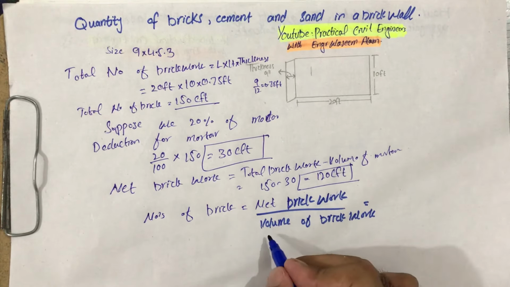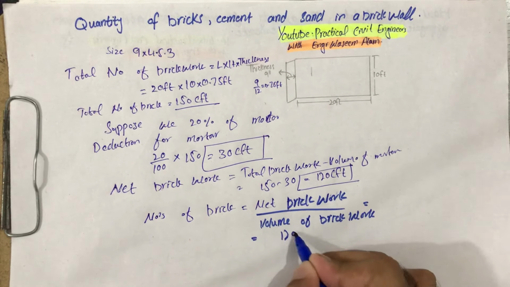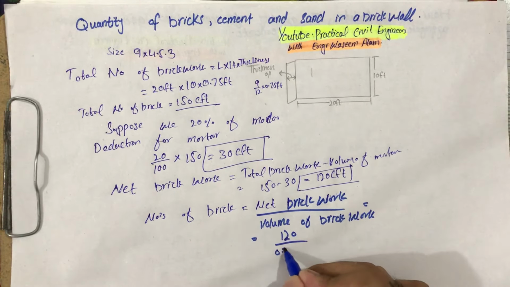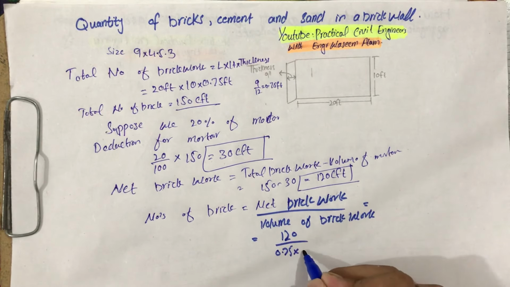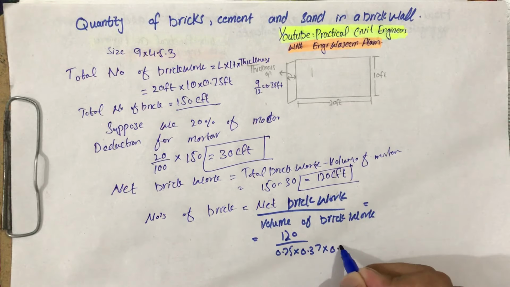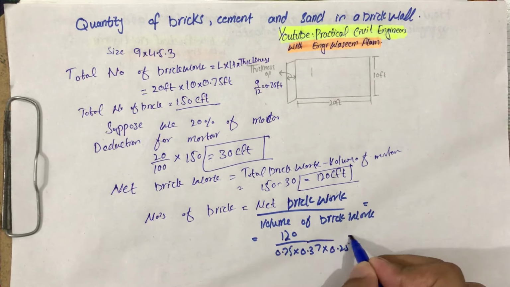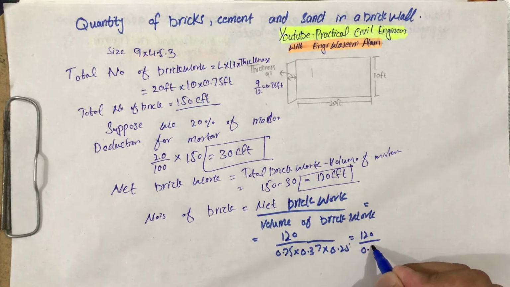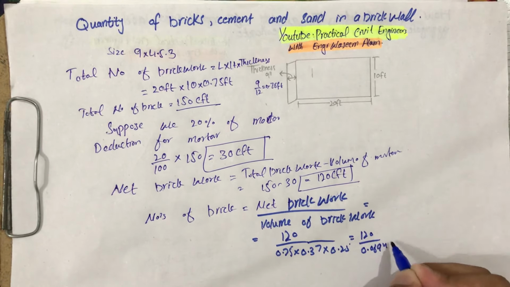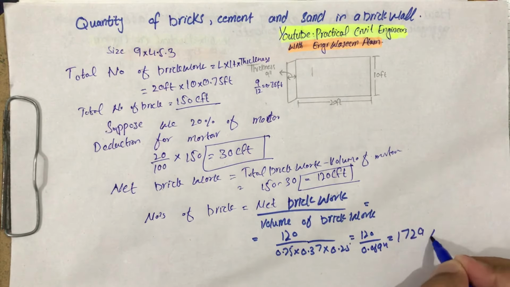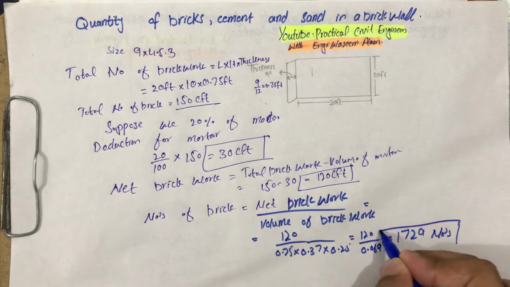So net brickwork is 120 divided by volume of brick, 0.75 multiply 0.37 multiply 0.25, which is 120 divided by 0.0694. So the total bricks will be 1729 numbers.